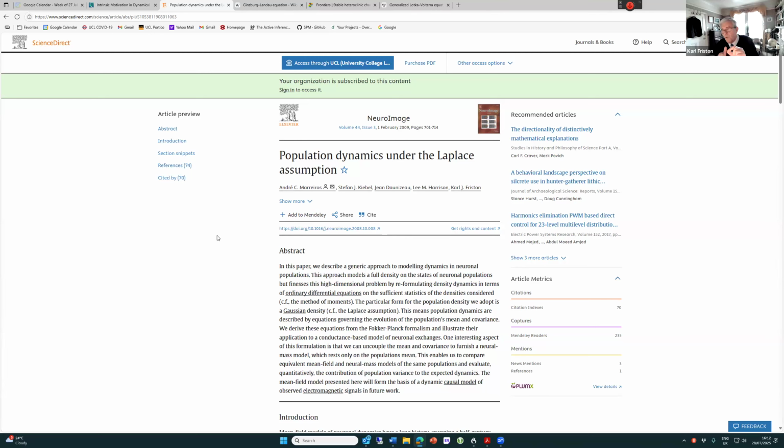So if you know the functional form of your spiking neural network population, then you can describe the activity at any point on a grid or a field in terms of the average and its precision or dispersion.